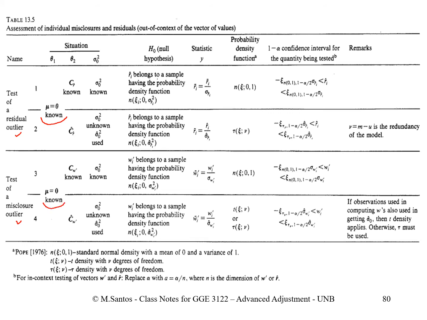The same for the misclosures, which means we can consider that we know the population. And likewise, we are faced with the decision whether we know or we don't know the a priori variance factor. And if we don't know the a priori variance factor, we have to rescale the covariance matrix of the parameters.